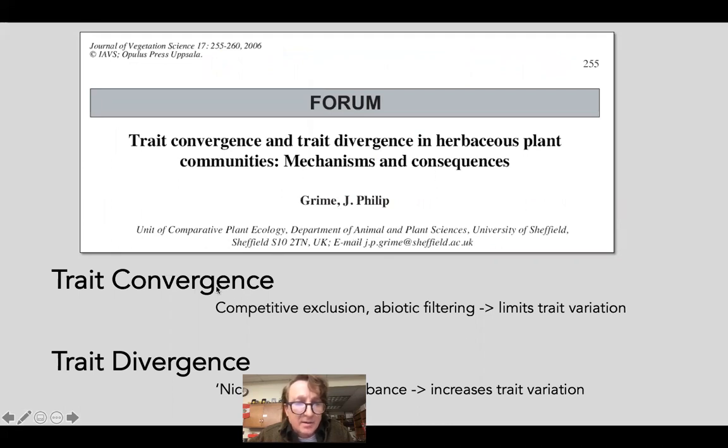And he talks about different ecological processes that will lead to trait convergence or trait divergence, okay? And so again, in community ecology, and sometimes also in population biology, in the trait-based approach, we're often talking about convergences of traits or divergences of traits, and what that may mean in terms of the underlying processes.